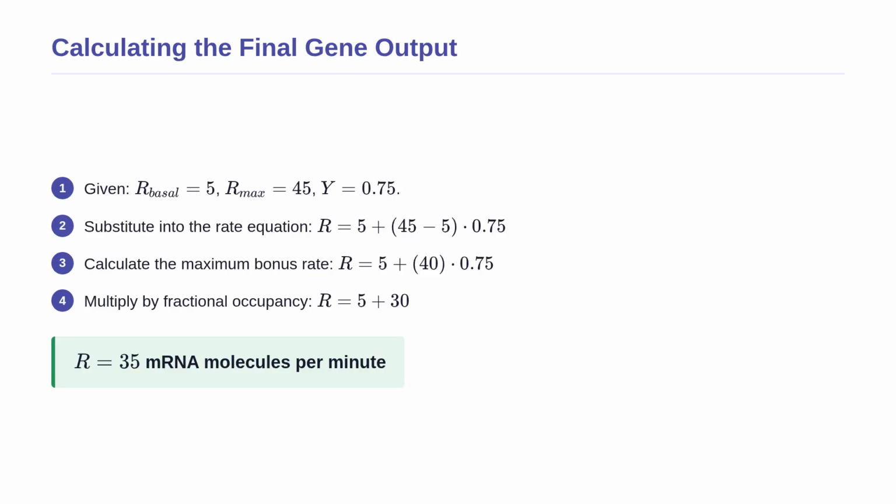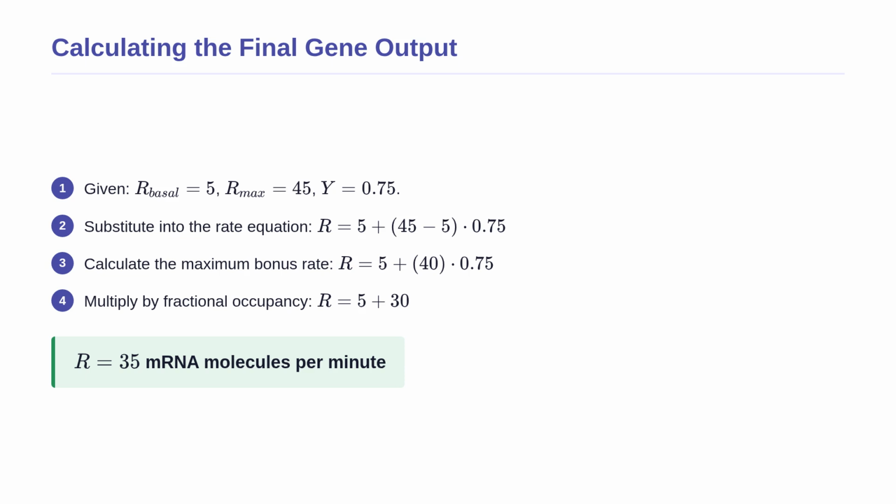Let us see this formula in action by continuing our muscle gene example. We are given a basal transcription rate of 5 messenger RNA molecules per minute and a maximum possible rate of 45. We will use the fractional occupancy of 0.75 that we calculated earlier. We want to find the actual transcription rate right now. First, we substitute our values into the equation.